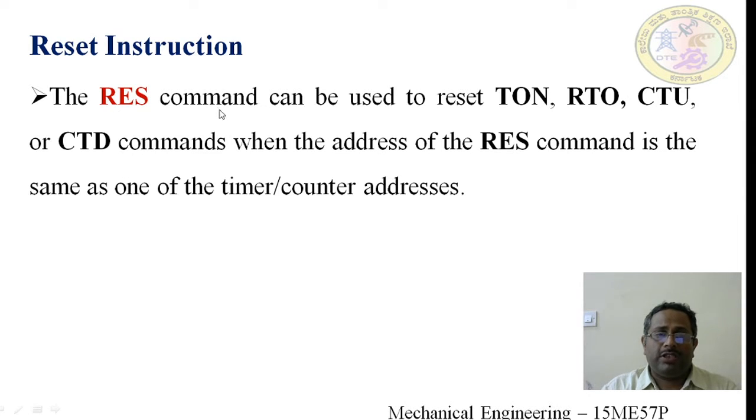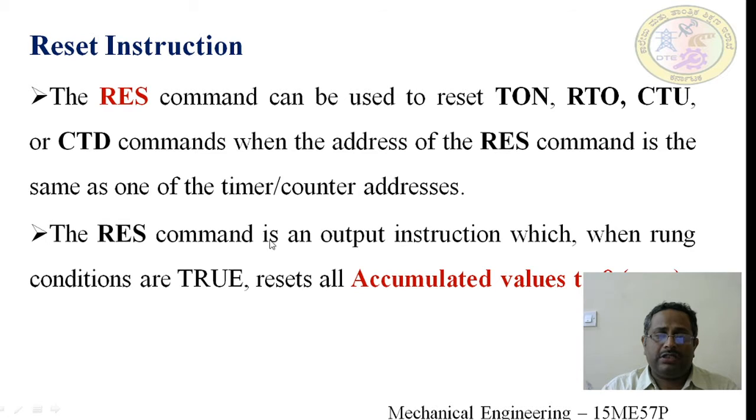This reset command is used to reset the timer or counter when the address of the reset command is the same as that of the timer. Whichever address we give in the reset, that timer or counter will be reset. The reset command is an output instruction which, when run conditions are true, resets all accumulated values to 0.